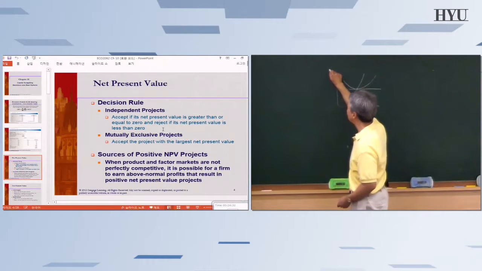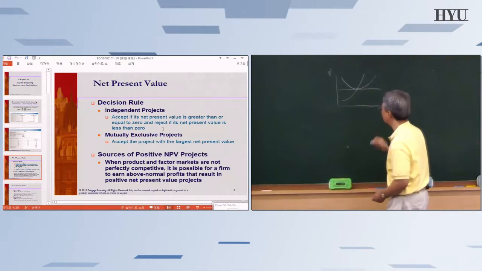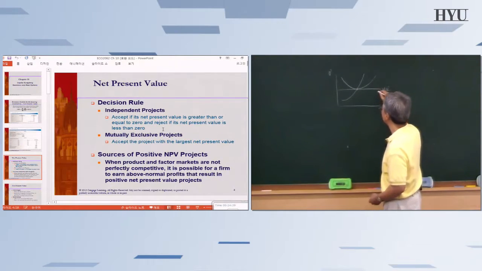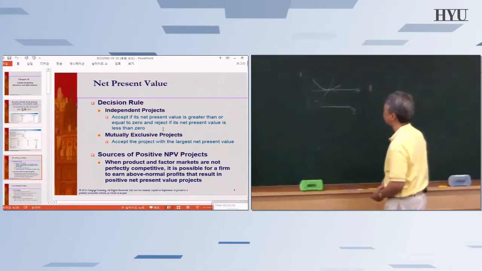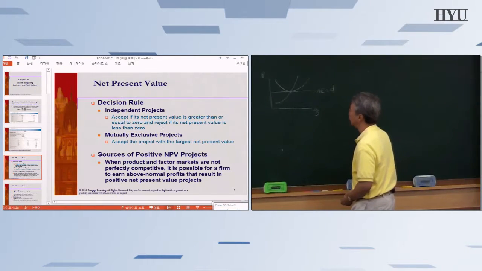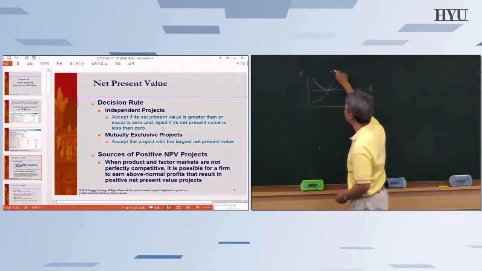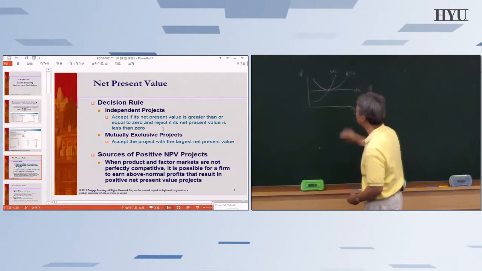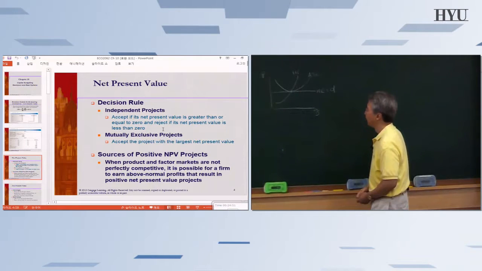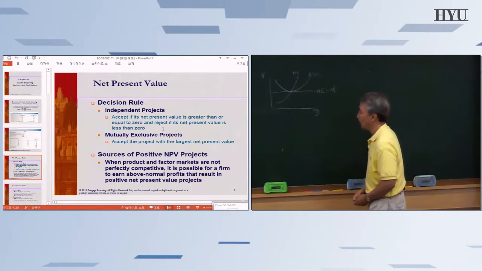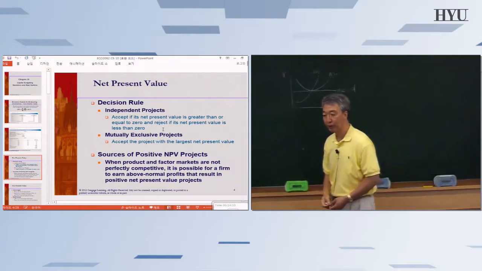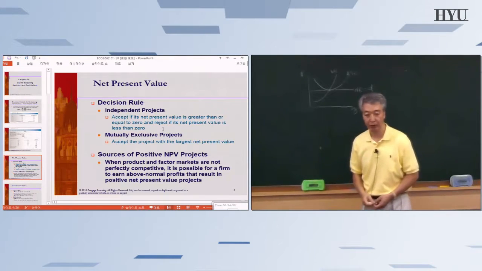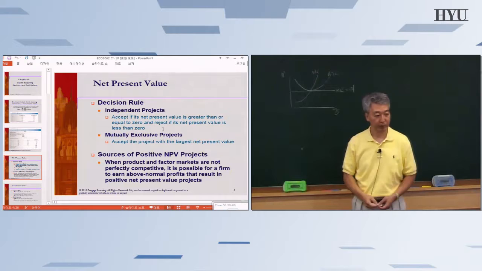This is price, quantity, marginal revenue equals demand curve, right? And this is marginal cost, average total cost, okay? And if you remember, there were some conditions for perfect competition, right? You remember those conditions to achieve the perfect competition? What are the conditions?